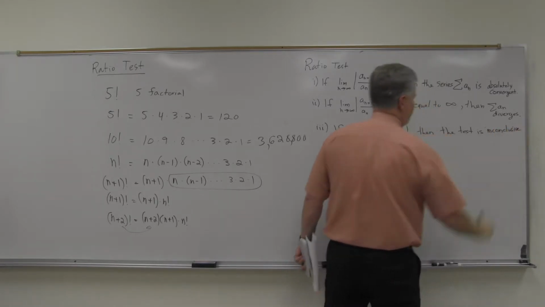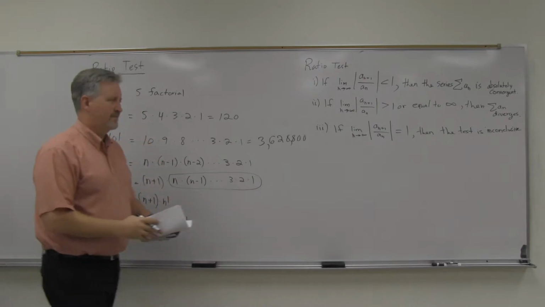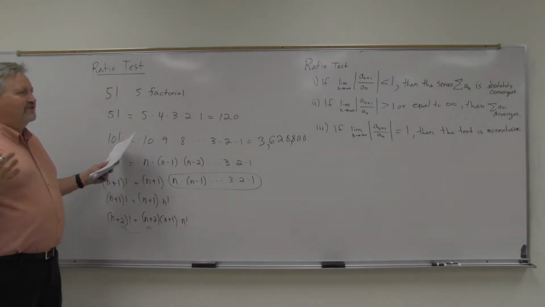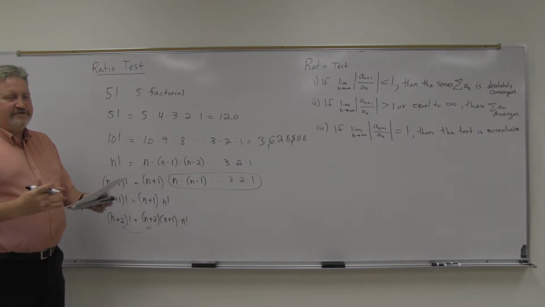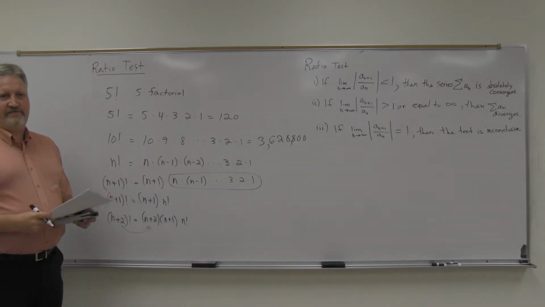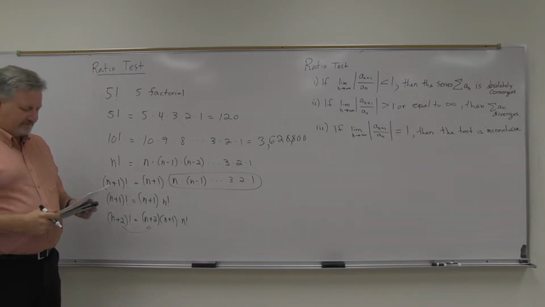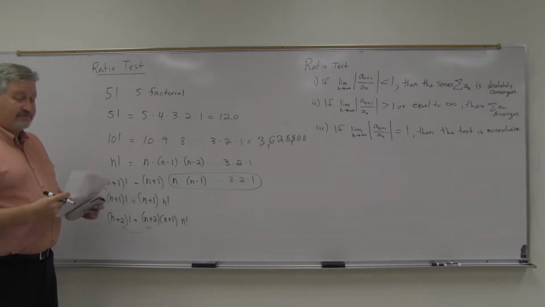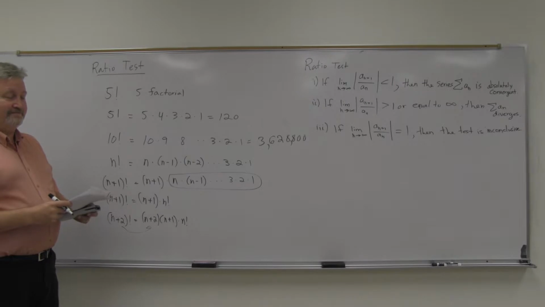You have to use something else to determine whether it converges or diverges. It still could converge, it still could diverge. This test just doesn't provide the information to tell you that. Okay? And so that's what the ratio test is.